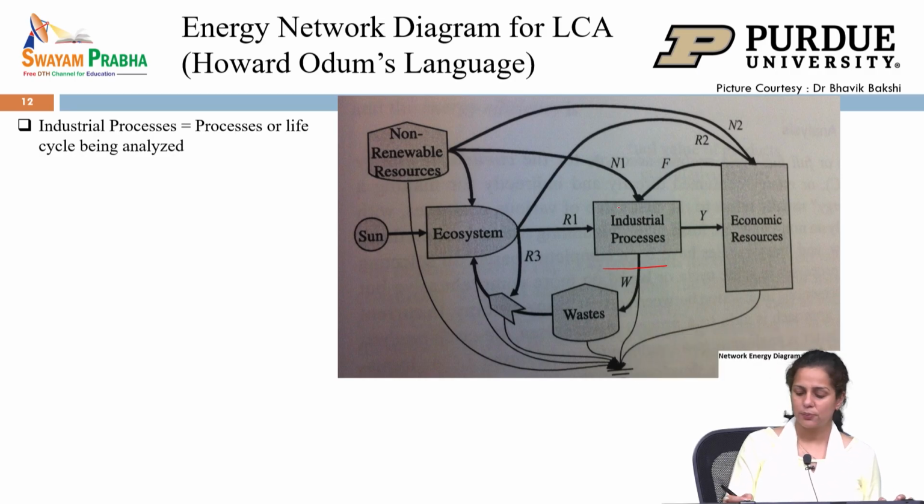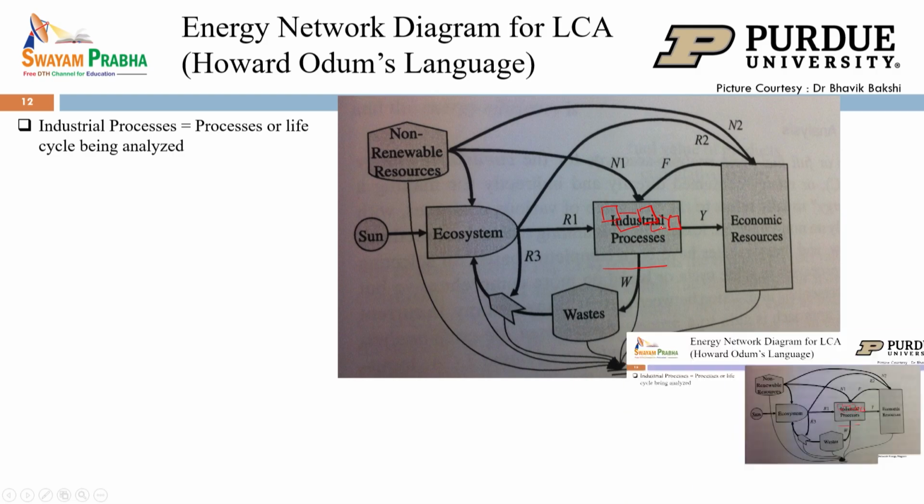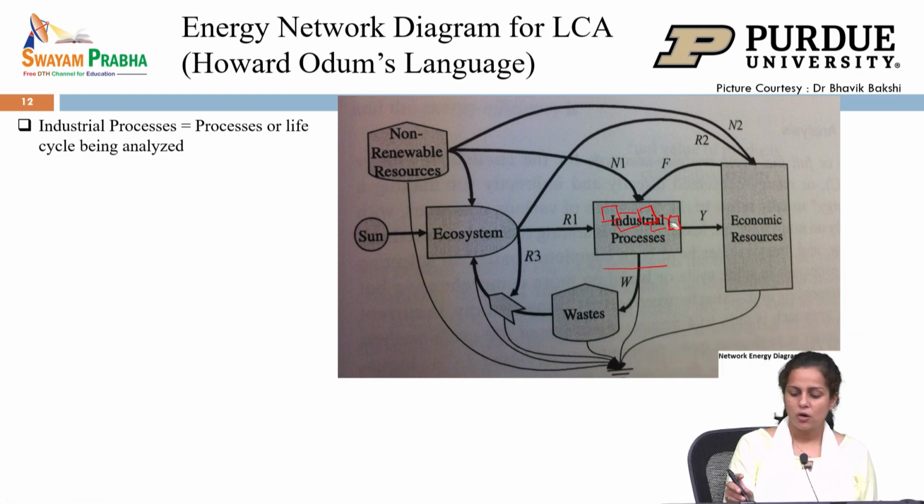So, remember our process LCA, this could be multiple boxes, so this could be let us say 3-4 different boxes where you have the different flows interacting. So, this could be our system boundary of the process flow.